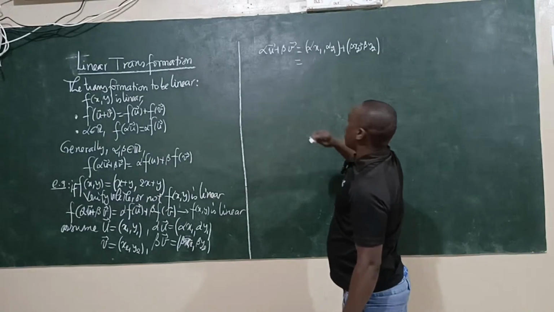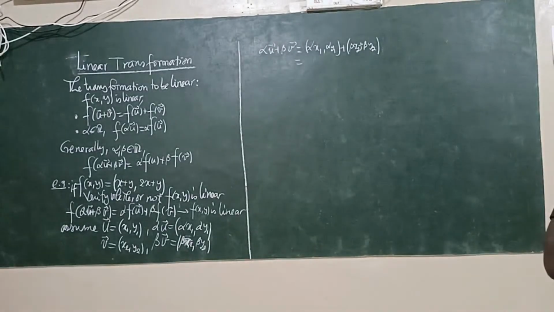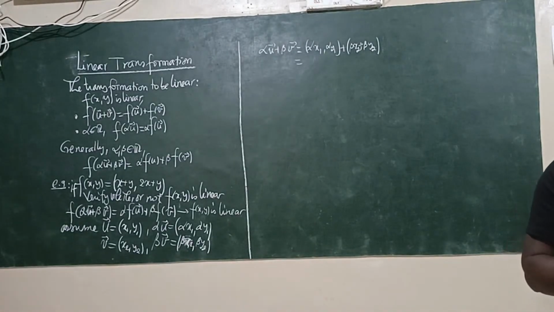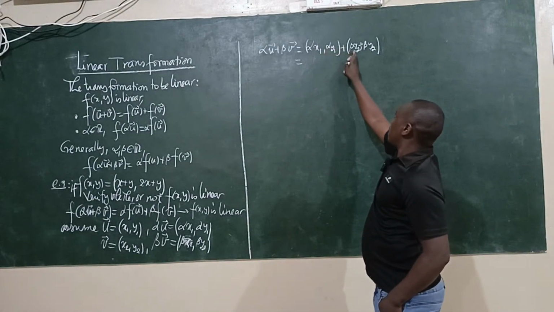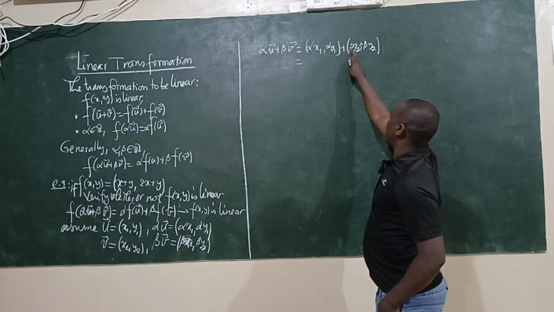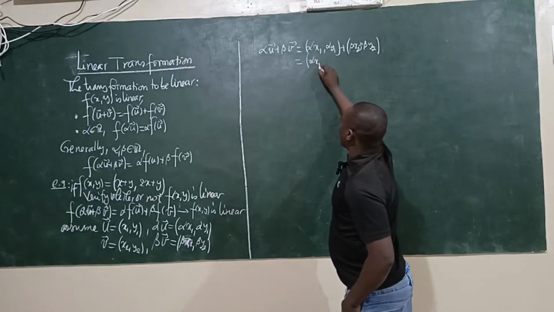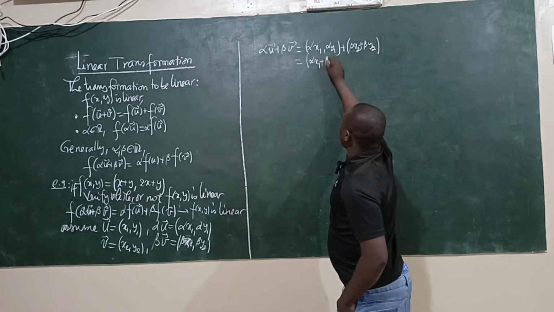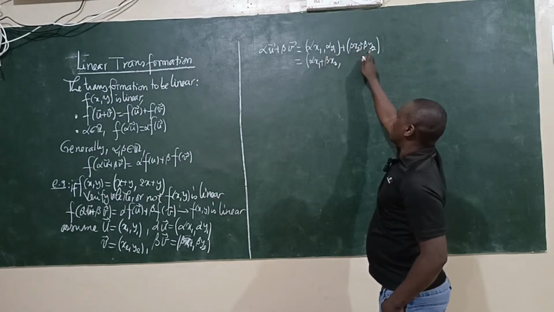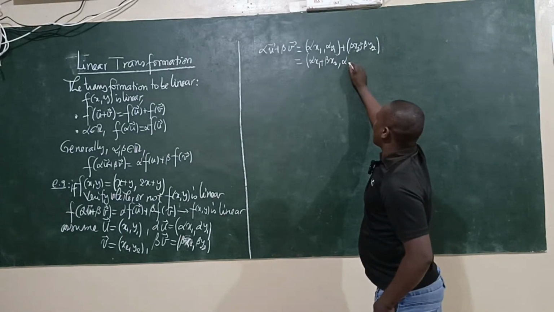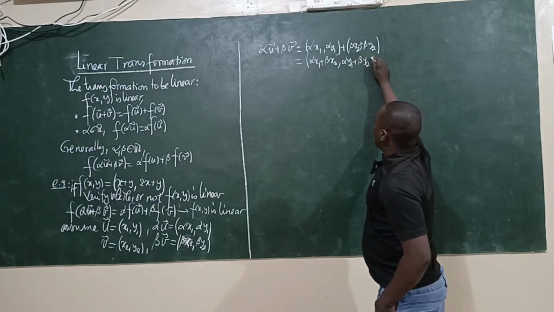As you see, you know how to add two vectors. Alpha x1 will be added to beta x2. That's why you're going to have alpha x1 plus beta x2, comma, alpha y1 plus beta y2.